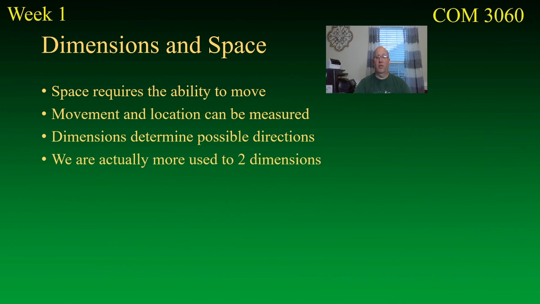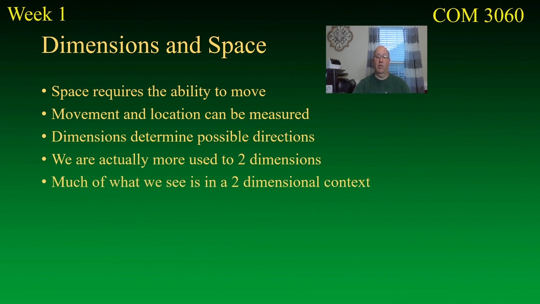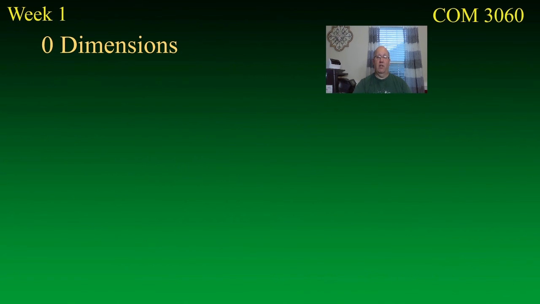We actually are more used to two dimensions, as I mentioned. Much of what we see is in a two-dimensional context. Let's start with zero dimensions. If you've got zero dimensions, what does that even mean? Technically it exists. A zero-dimensional object is either unlimited or infinitely limited, depending on how you're looking at it.